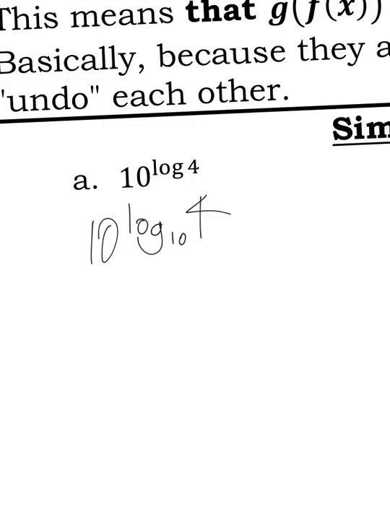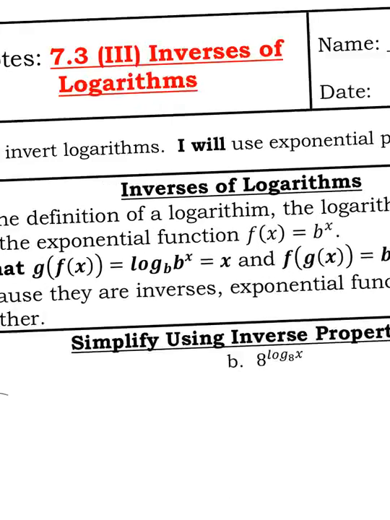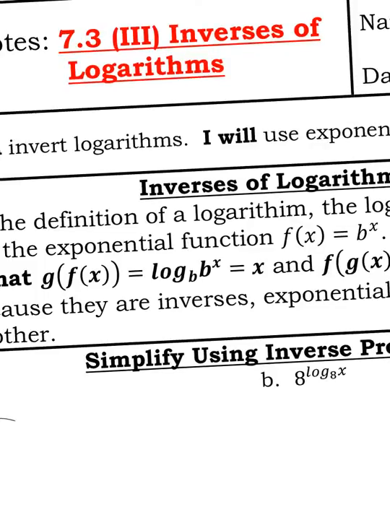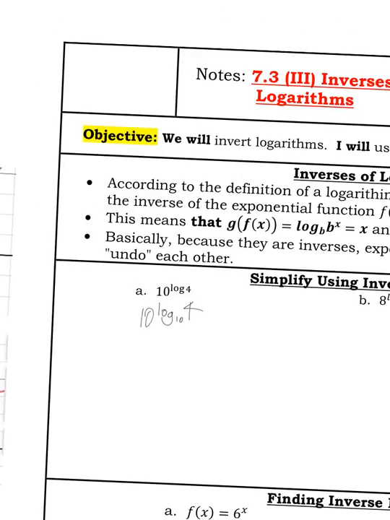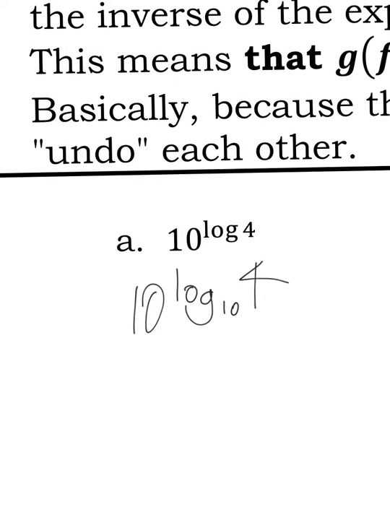Alright, so look, here's the short answer. According to that property above, these just cancel each other out, and the answer is just the exponent. Okay, so 10 raised to the power of log base 10 cancels itself out, and the answer is just 4.